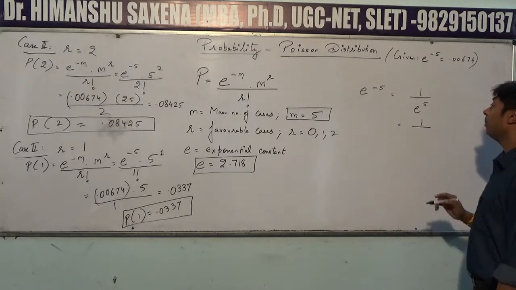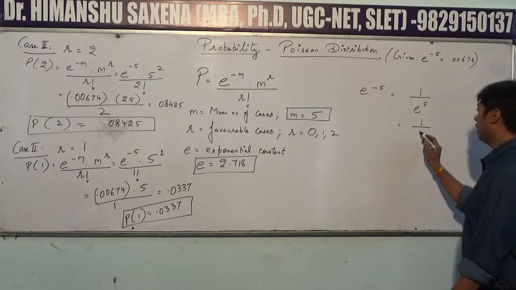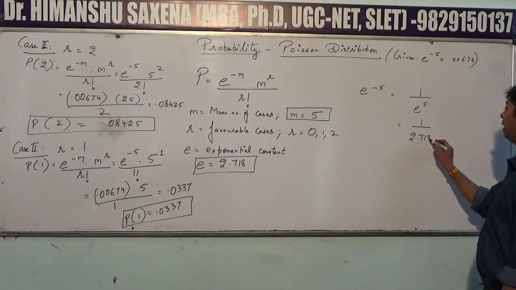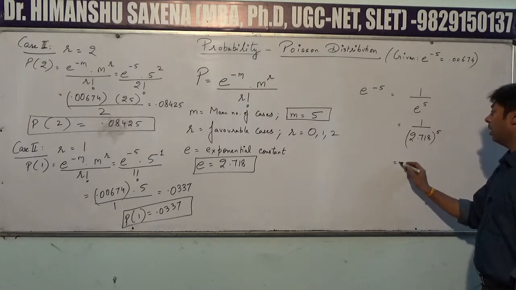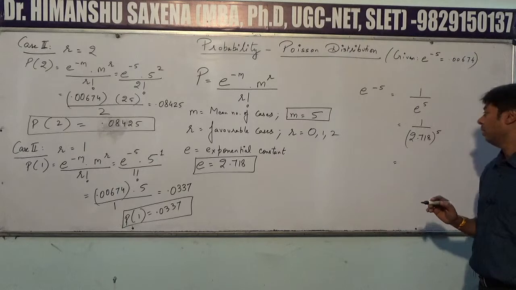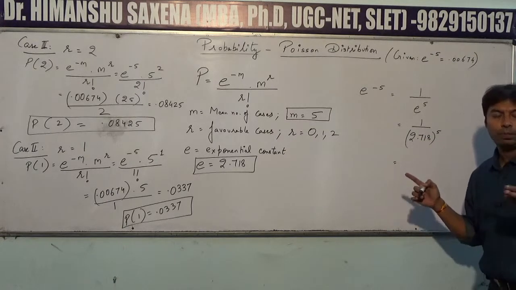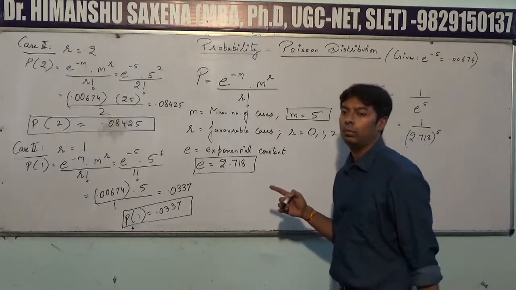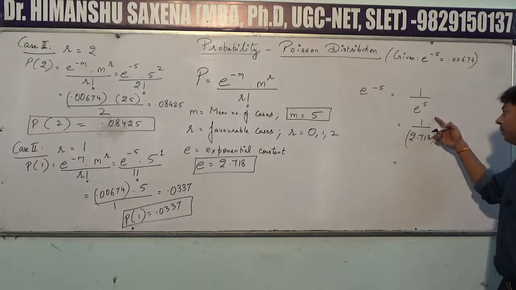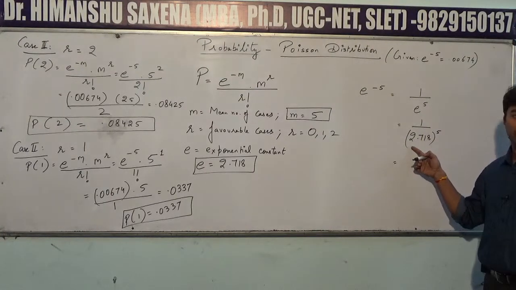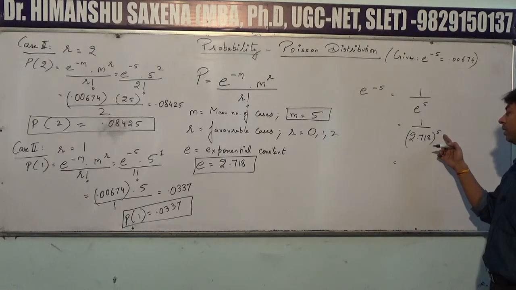Next, you must remember the value of e. It was explained to you initially, that was 2.718 whole raised to the power 5. Now what do you do? You divide 1 by 2.718 and you press the equal to button 5 times, because the power is 5.